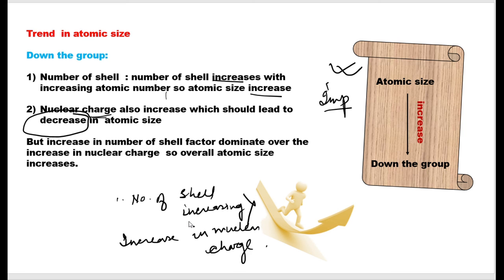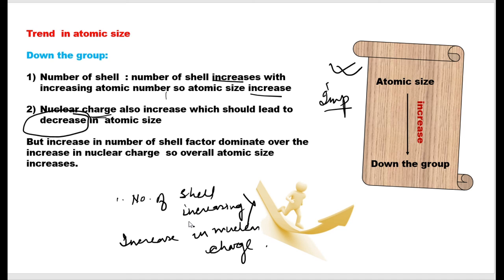Suppose you have 2 factors upon which you need to determine which will be more effectual. Here the number of shells factor will overshadow the effect of the nuclear charge factor. Okay, clear, simple.